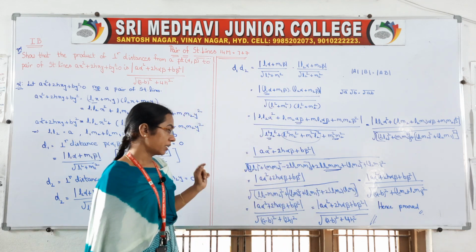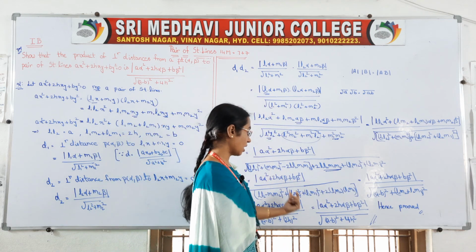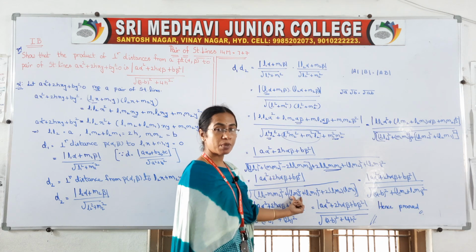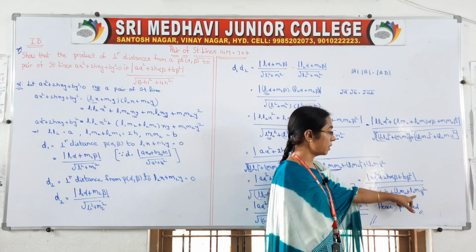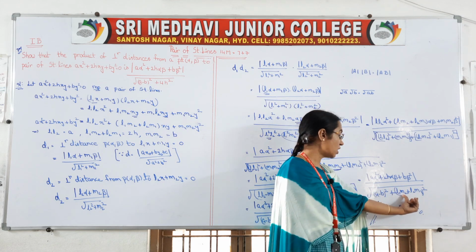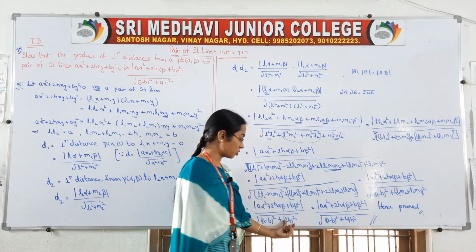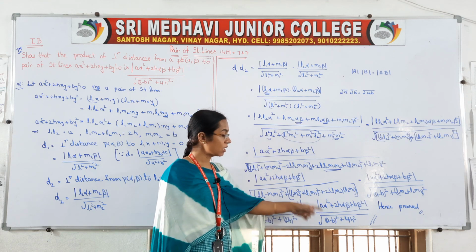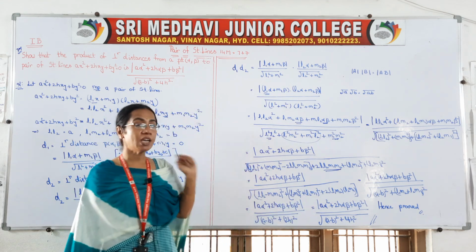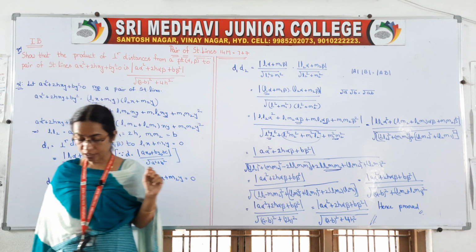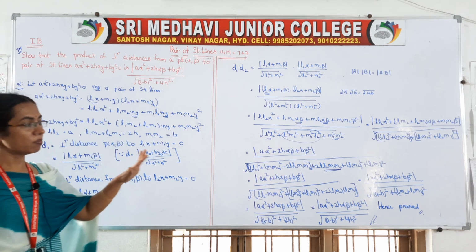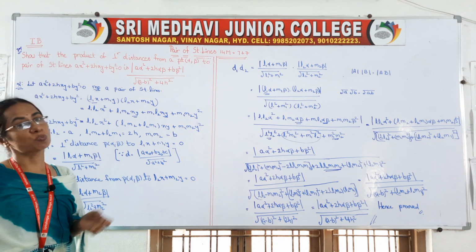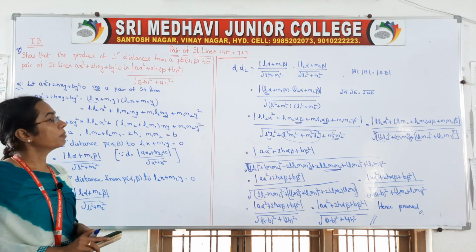Again it is of the form, in the formula form, a square plus b square plus 2ab, so a plus b whole square form. This is your 2h, so I substituted 2h whole square as 4h square. You got your answer. So in the show that problem and prove that problem, finally you have to write hence proved. Practice this one.